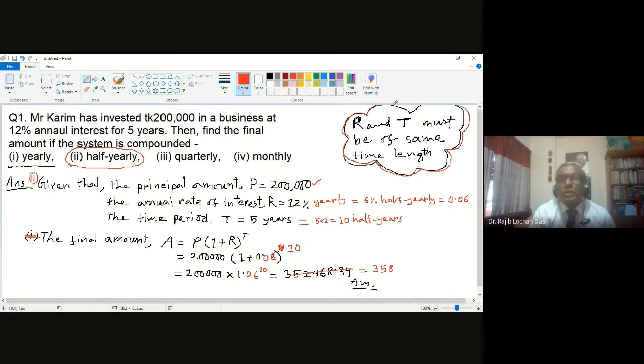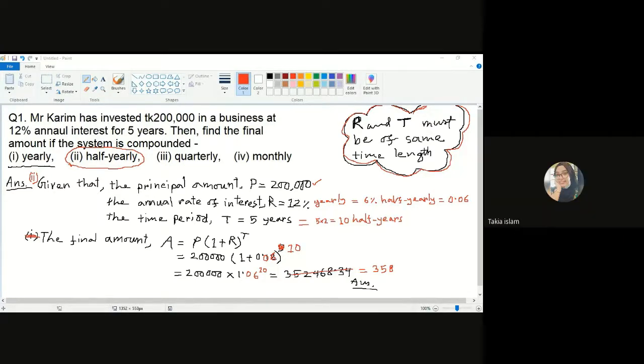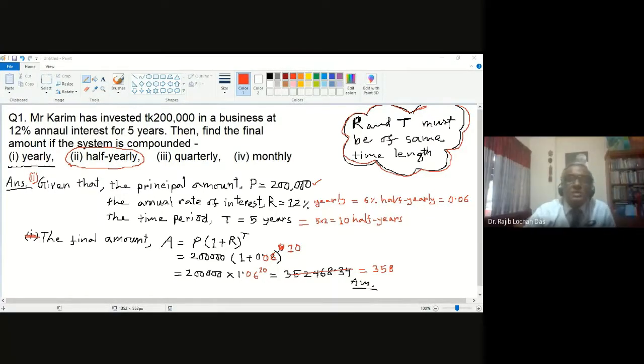So when you consider R as the half yearly interest, then T will also be the number of half years. So in 5 years, how many half years? So 10. That's all. So you will write 10, 5 years, 10 half years. So what is the answer you are getting now?